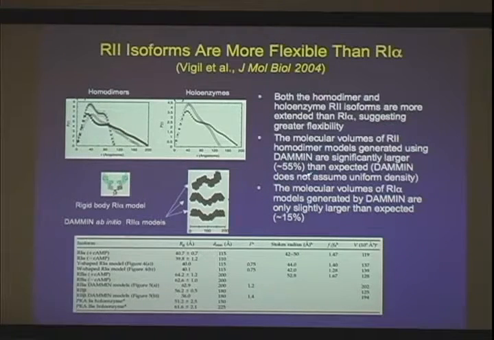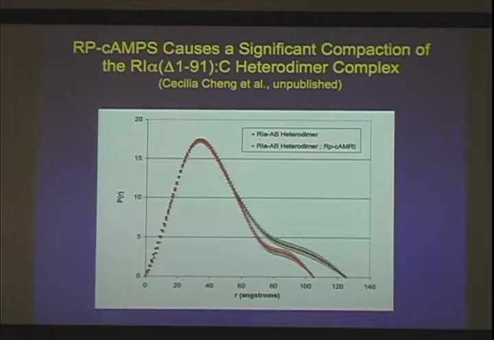It's about 5% larger than we would expect. Whereas our models, if we use Gammon to generate this, we get a model that looks very similar to the rigid body model, and it's only about 15% larger than the molecular weight. So that would suggest that these forms are very dynamic. The homodimers are very dynamic.